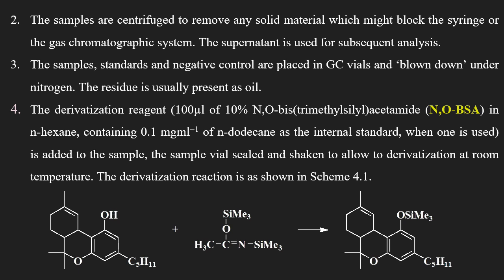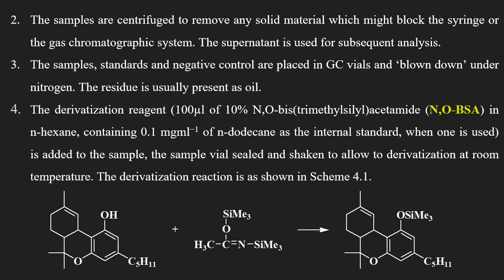The samples are centrifuged to remove any solid material which might block the syringe or the gas chromatographic system, and the supernatant is used for subsequent analysis. The samples, standard and negative controls are placed in GC vials and blown down under nitrogen.